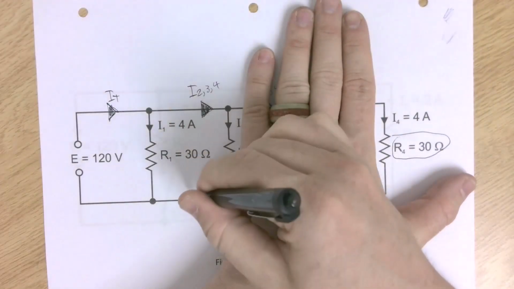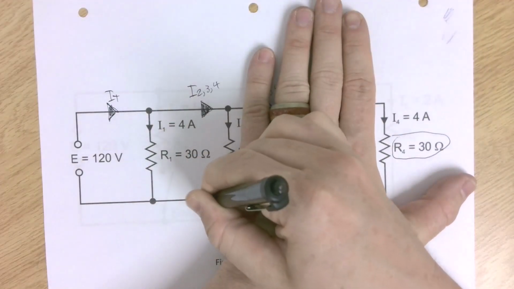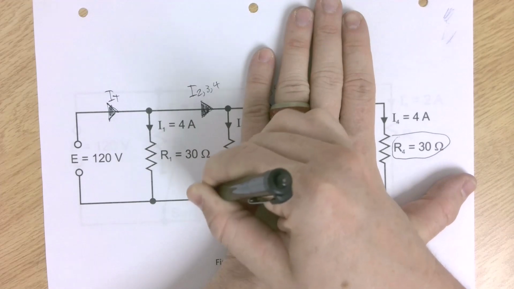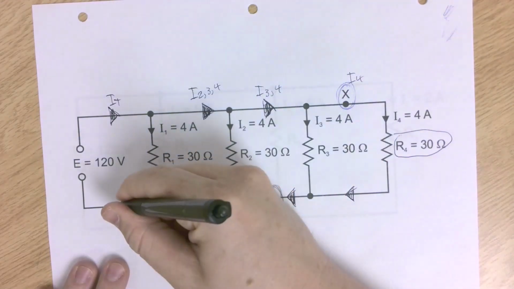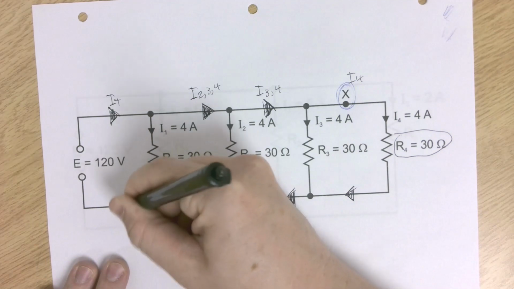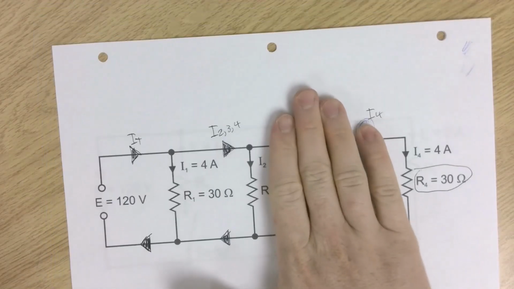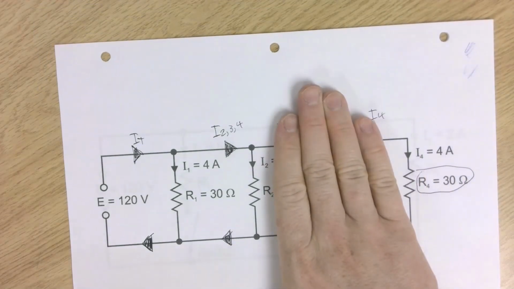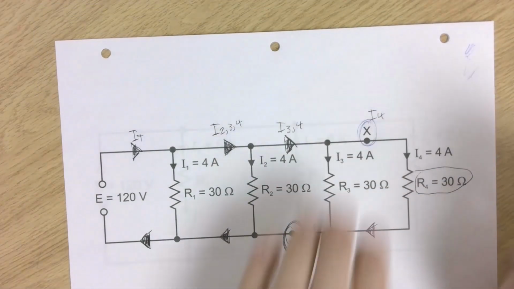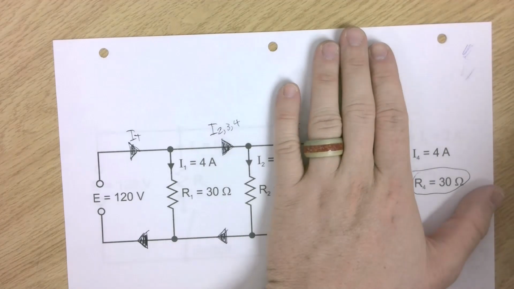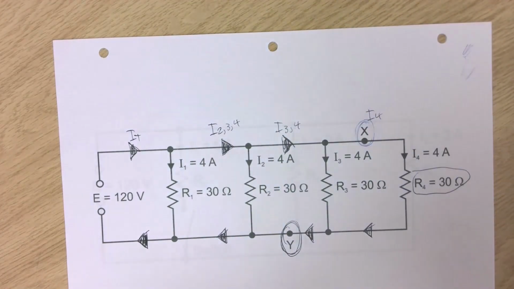We would just have the current flowing here. And with Kirchhoff's current law, stating that the current out equals the current in relative to the junction point, if we had an open circuit at Y, I'm just going to take my module to cover it up.